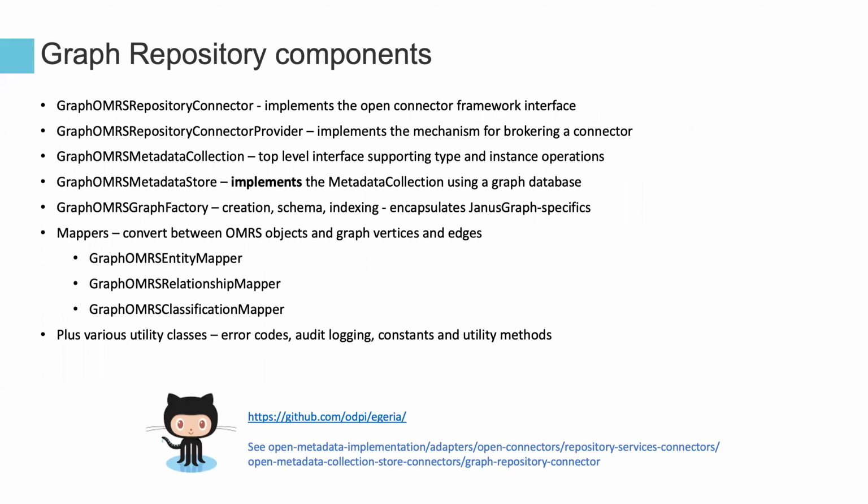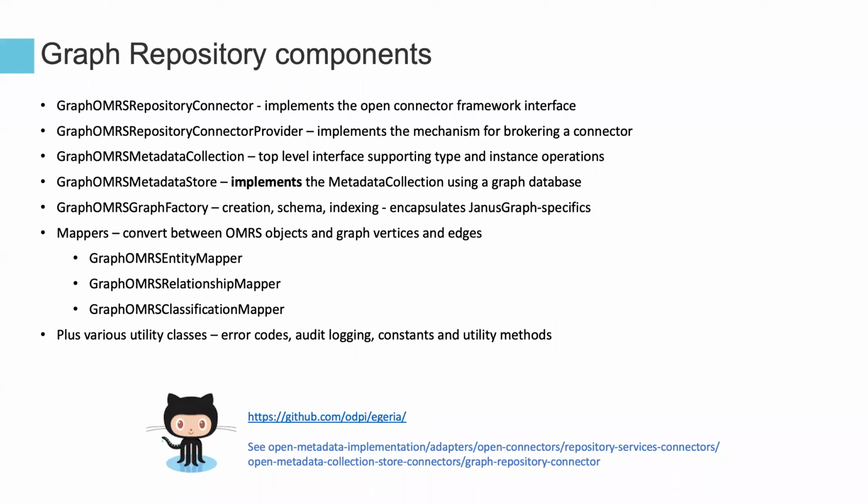So inside the graph repository, there is the connector. There's also the connector provider, which you have to write in order to new up a connector. We've then got the metadata collection class itself, which is that metadata collection interface, that API. And just beneath that is the metadata store, which maps us onto the graph database.